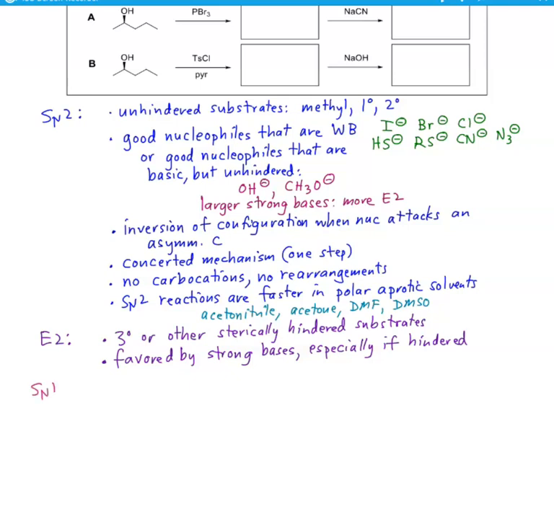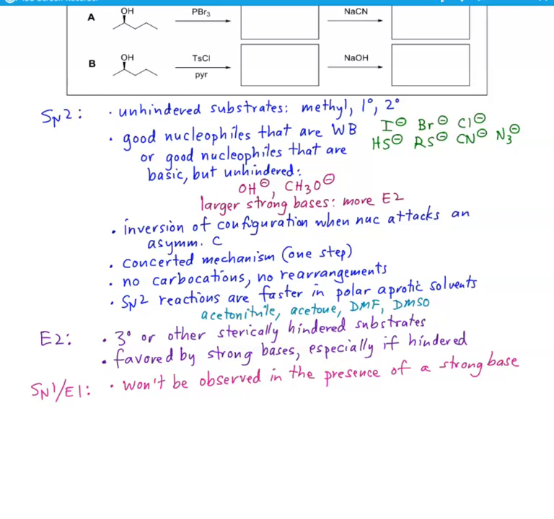Now finally, SN1 and E1. So we haven't talked much about these at all yet, except to say that these will not be observed in the presence of a strong base. The reason for this is because both of these pathways involve carbocation formation. Carbocation formation is rate limiting.